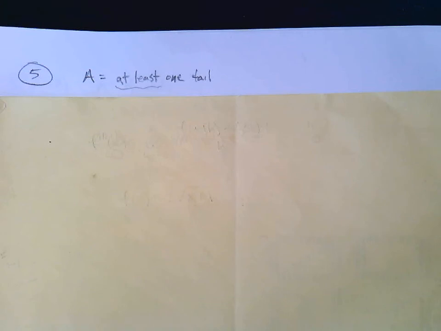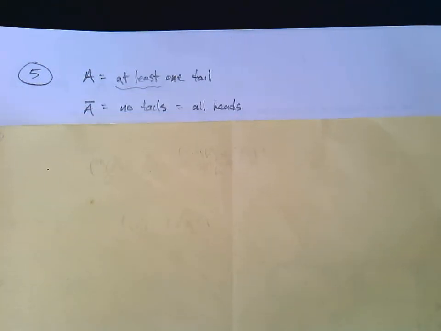So kind of similar to the previous problem, what is the opposite of at least one tail? And again, it's none.